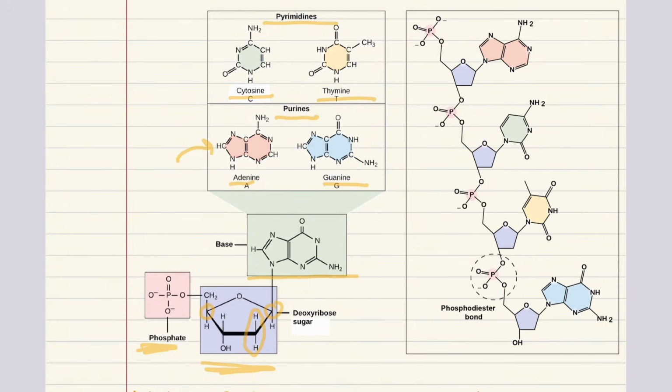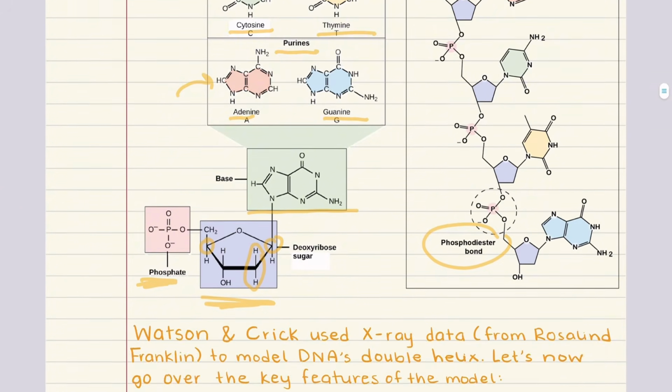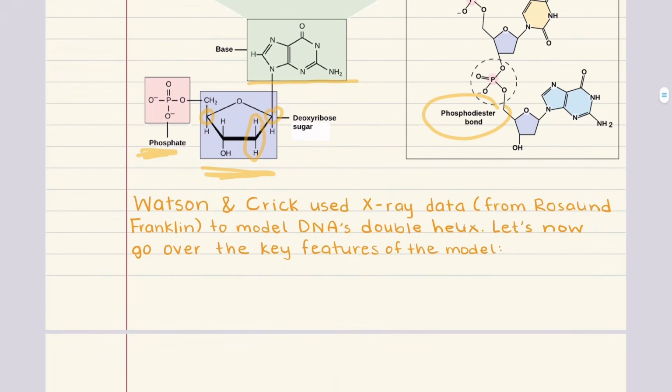Nucleotides, they link through phosphodiester bonds between the 3' hydroxyl group and the 5' phosphate groups, and they form the sugar phosphate backbone. And the sequence of bases, they encode genetic information. So now everything fits together, the sugar, the base, the phosphates, and how they come together to form the full structure of DNA.